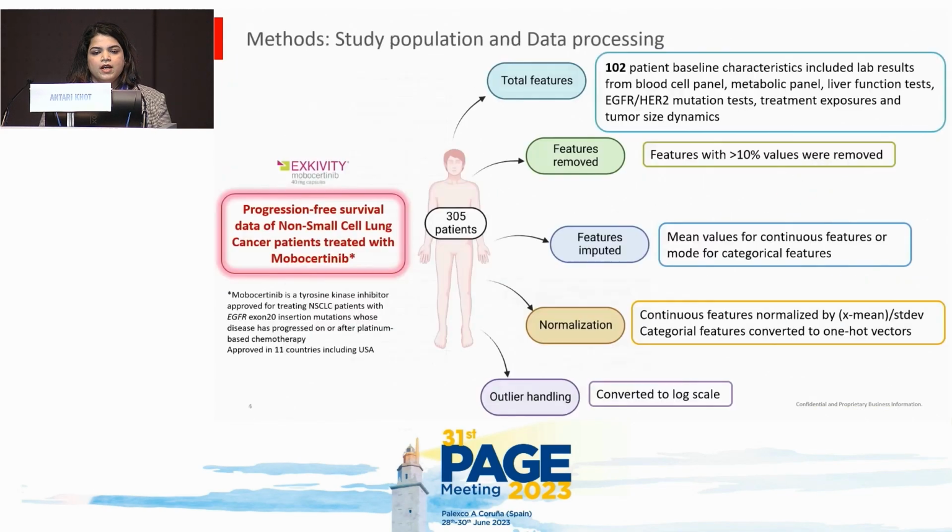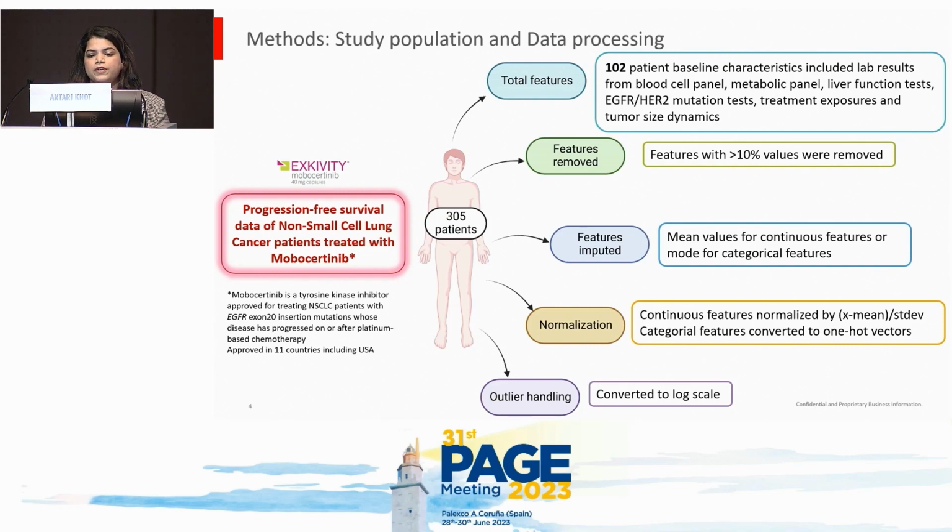So now that I have given you the results, I want to go a little bit into the methods. And I want to talk about how many patient baseline characteristics we had. So we had about 102 patient baseline characteristics that included everything: lab results, metabolic panel, liver functions, mutation test, etc. And then for the features, if we had more than 10% missing values in certain features, we removed them.